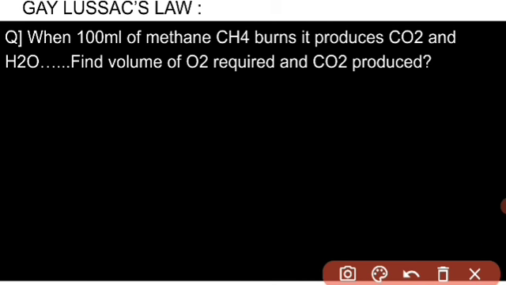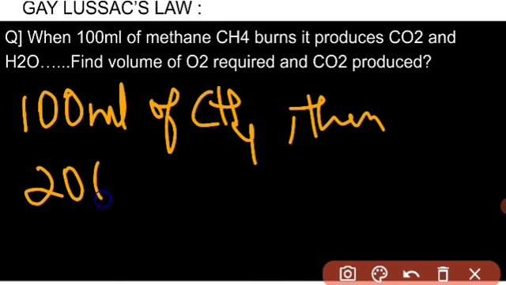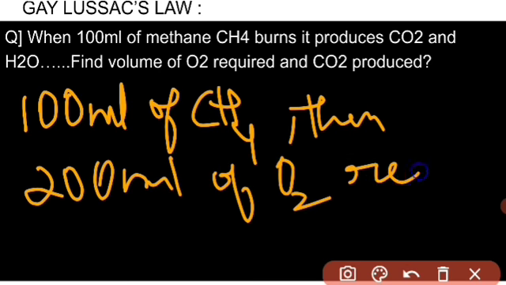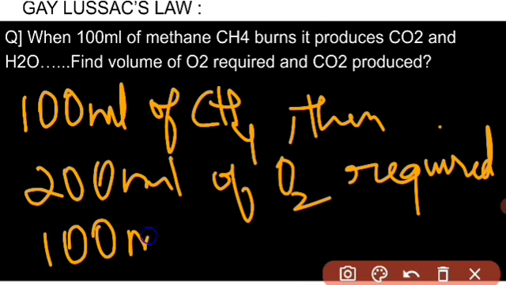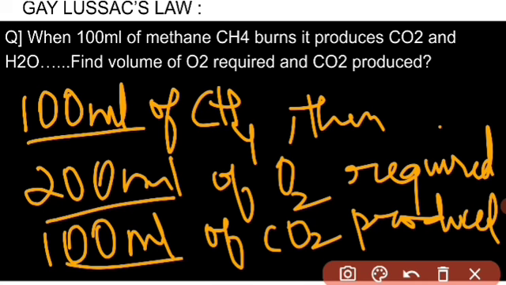So let us write this: 100 ml of methane combines, so what will happen then? 200 ml of oxygen is required and 100 ml of carbon dioxide is produced. Okay, that is the thing you need to remember.